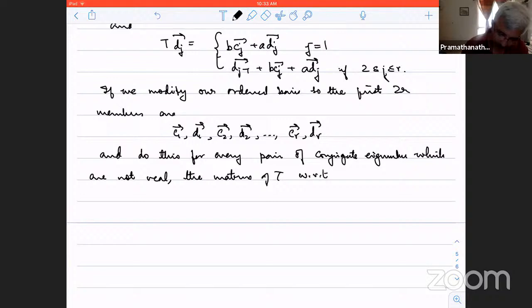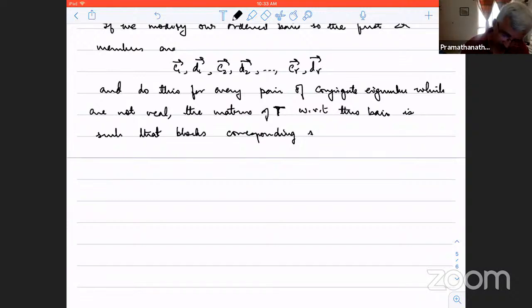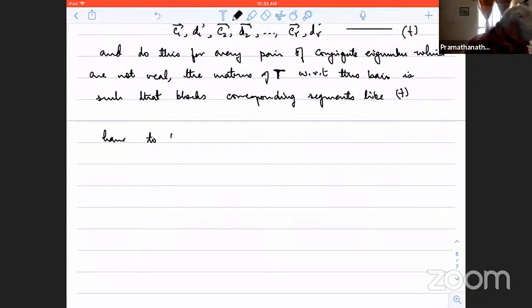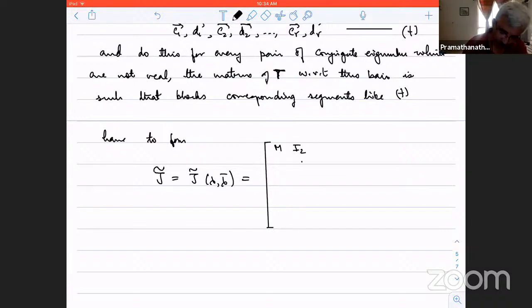Then the matrix of T with respect to this basis is such that the blocks corresponding to segments like this one, that means the vector space generated by these, have the form J tilde of lambda, lambda bar, if you wish. It'll look like M, I2, M, I2.